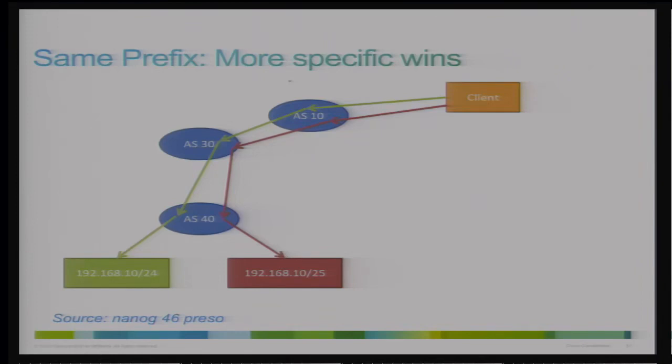The other customer advertised /25. Because of the longest match rule, the illegitimate /25 wins, and traffic will be black-holed to that specific destination instead of going to the legitimate one.